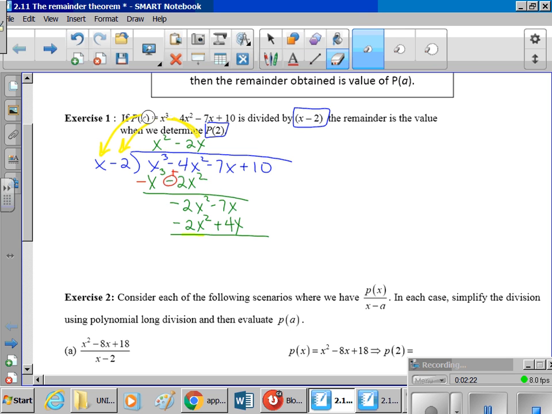Let me just erase this so it's not confusing. All right, so we subtract now. We change signs. Change this to a plus, this to a minus. These cancel, and I'm left with negative 13x and bring down the plus 10.